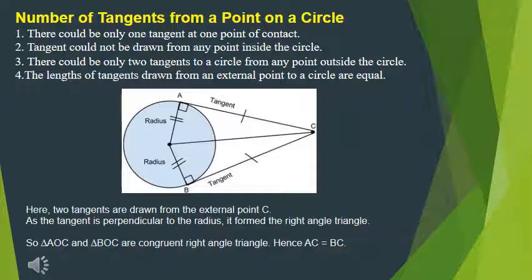In this figure we can see that triangle AOC and triangle BOC are congruent right angle triangles, so hence we can say tangent AC is equal to tangent BC, because there is a common side OC, as O is the center of this circle, and we have radii OA and OB, and their right angles at A and at B are equal.